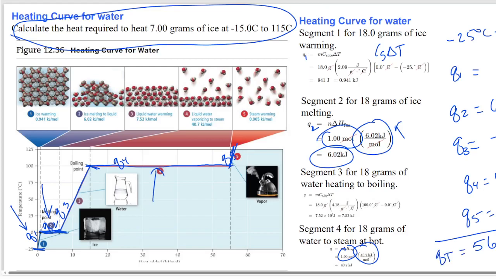That's how much heat it takes to heat 1 mole of ice, or 1 mole of water, from negative 25 degrees C to 125 degrees C. Now I'll let you work this problem where instead of 18 grams of ice, we have 7 grams of ice from negative 15 degrees C to 115 degrees C.